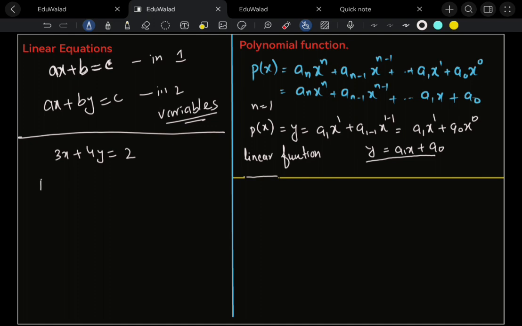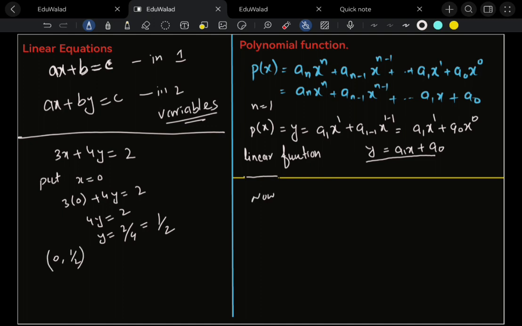For this solution set, put x equals 0: 3 into 0 plus 4y equals 2. So 4y equals 2, y equals 2 upon 4, which is 1 upon 2. So our solution point is 0 and 1 upon 2.